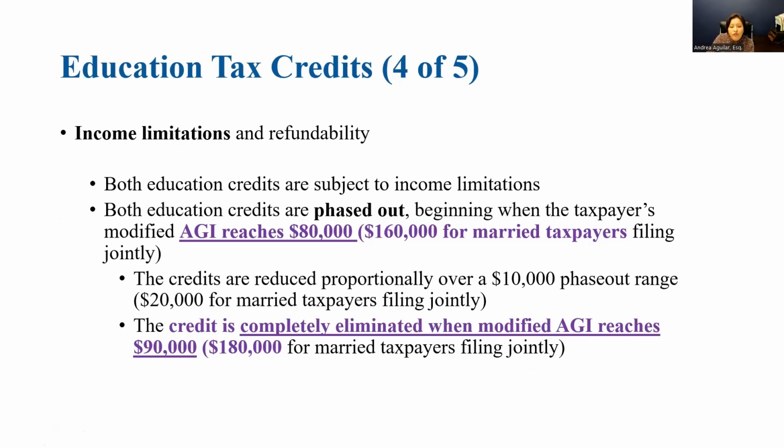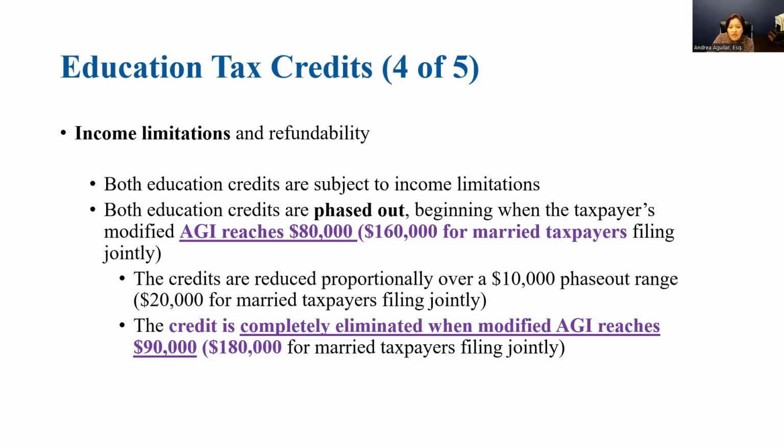For example, for married filing jointly, you will start losing this credit if your adjusted gross income reaches $160,000.